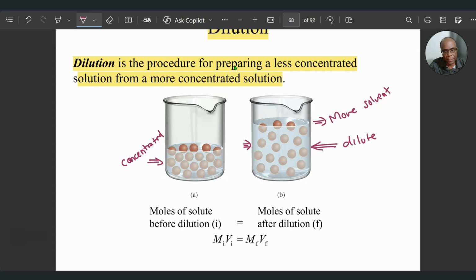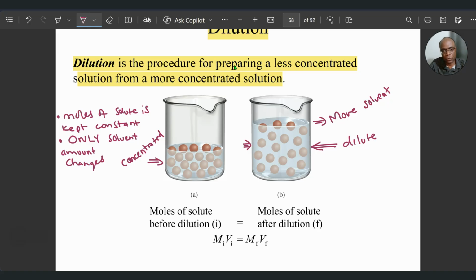So the idea here is that moles of solute, and this is very important, moles of solute is kept constant. Only solvent amount changes. So you can go this way by diluting, or you can go this way by concentrating, vaporizing off the liquid.